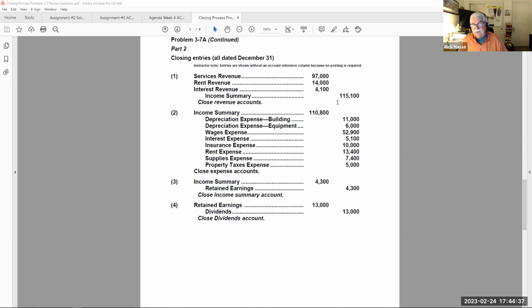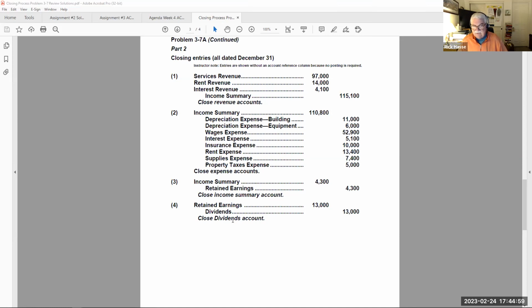Notice the difference between income summary for revenue and income summary for expenses is the net income that we just calculated on our income statement, $4,300. So we close out the income summary account to zero that out, and it all ends up as a credit to retained earnings.